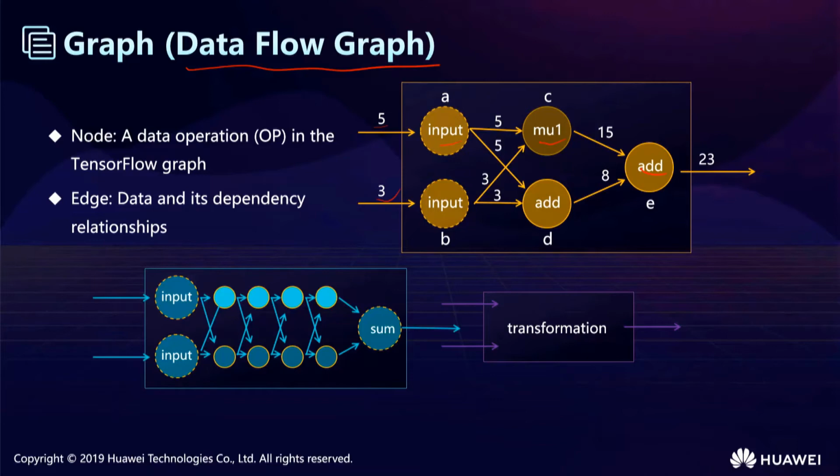It just describes the input or output relationship between the nodes. This is the simple graph.